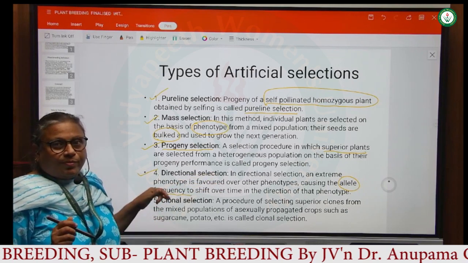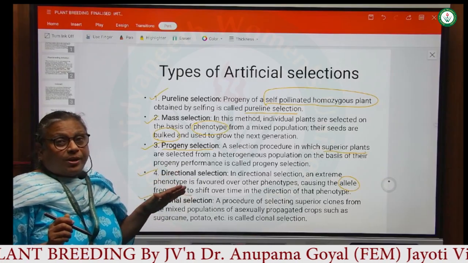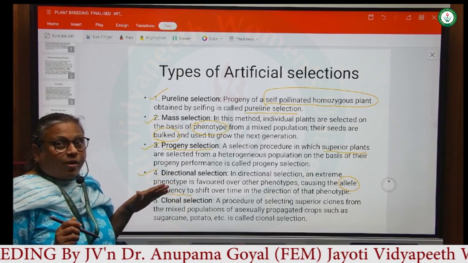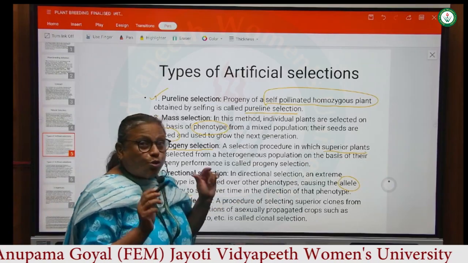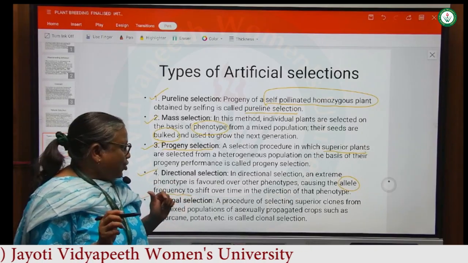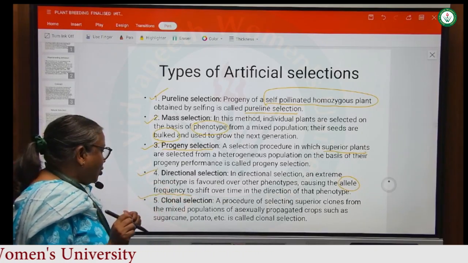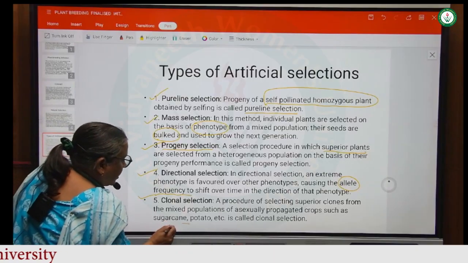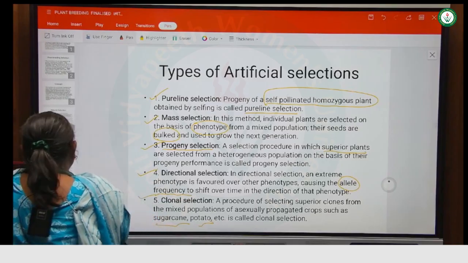And now the fifth one is clonal selection, one of the most important types of artificial selection, a procedure of selecting superior clones from the mixed population of asexually propagated crops such as sugarcane and potato.